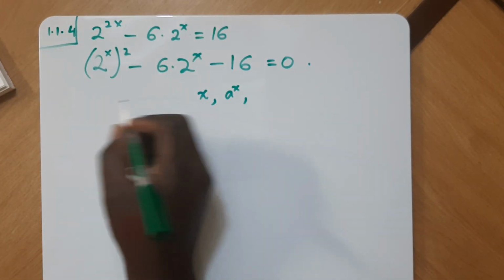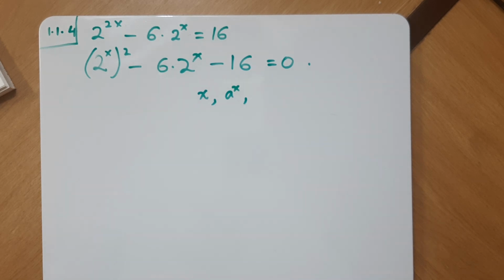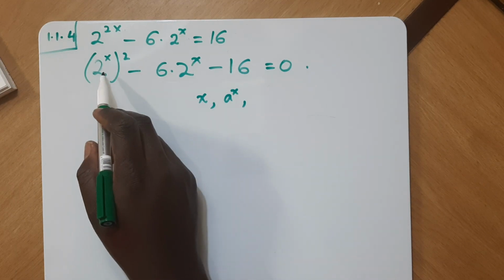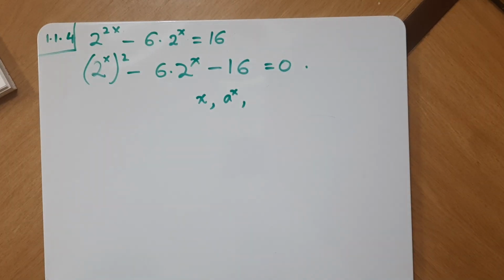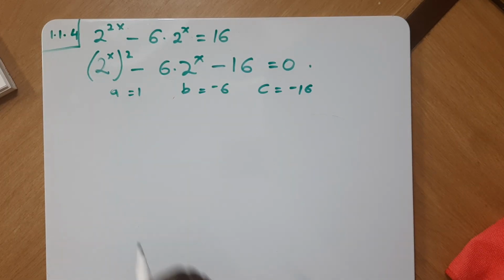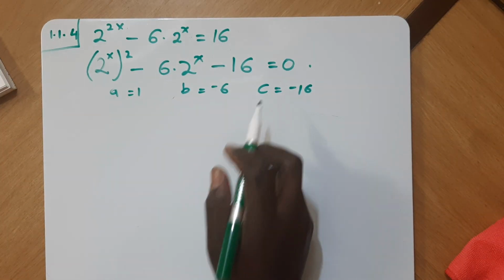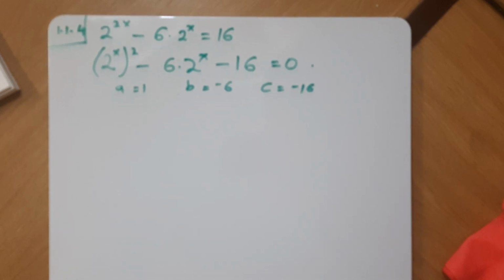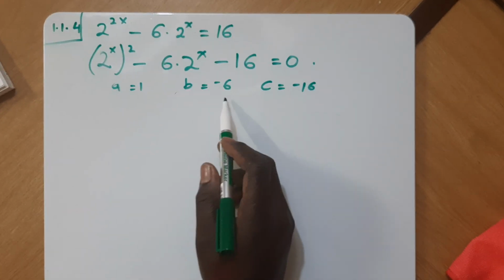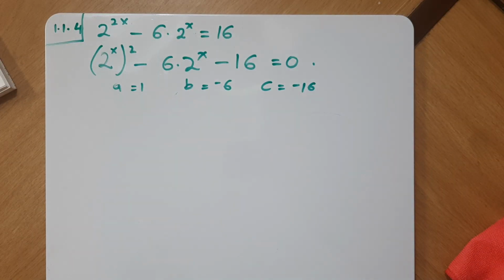So we solve it as a quadratic, bearing in mind that we have an unknown, okay? So we can see our coefficient a is 1, b is minus 6, c is minus 16. So our sum is minus 6, our product is minus 16.